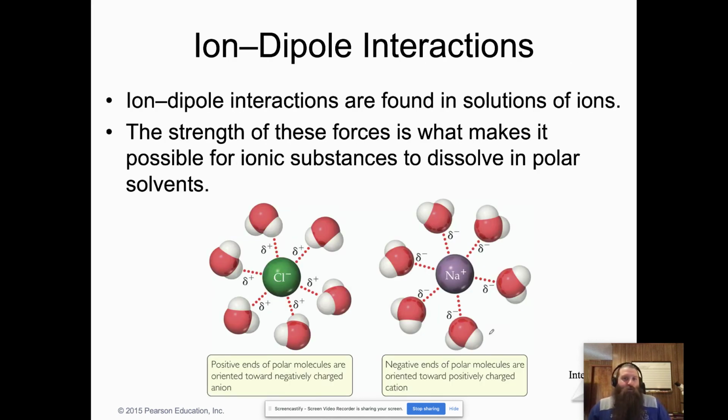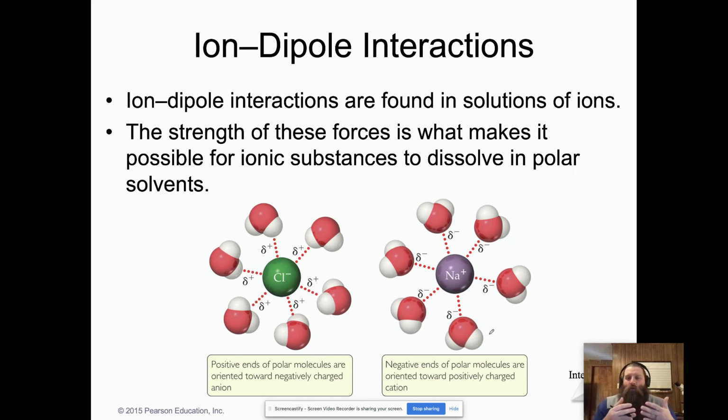Let's look at the last one. Let's look at ion-dipole interactions. So when we look at solutions that have ions dissolved into our solution, and our solution is, say, polar, like maybe water, then it is the strength of those forces that makes it possible for your ions to dissolve in polar solvents.